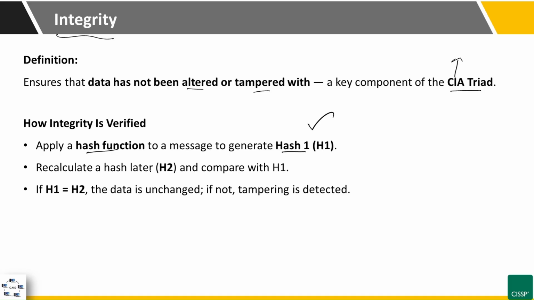Recalculate a hash of the same message later and compare it with H1. So the hash is calculated again when the message is received at the receiver end. If both hashes are equal, the data is unchanged. If not, the data was tampered with during transit or transfer.